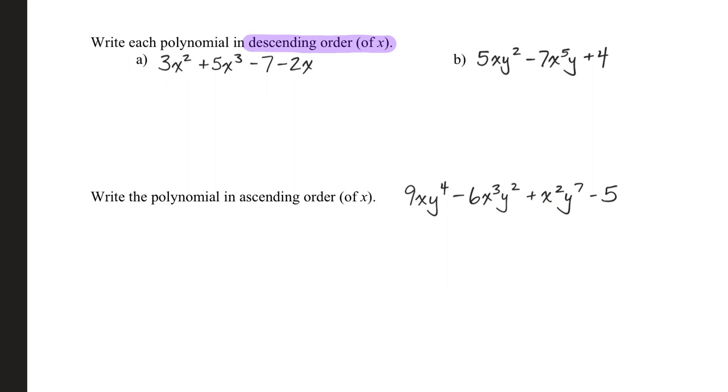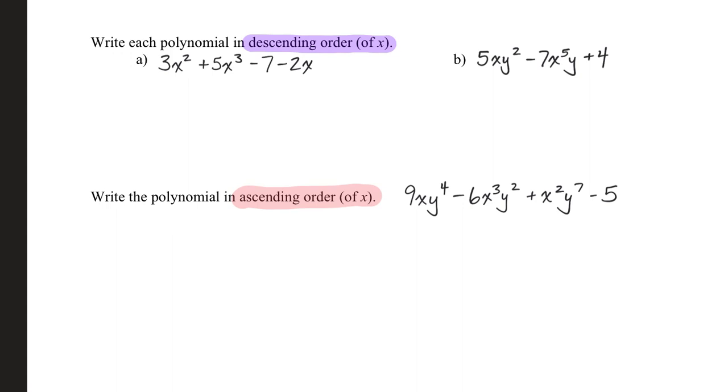You then look at the next question in about the middle of the screen, and that one tells us to write it in ascending order of x. So what that means then is there must be a difference between descending order and ascending order. And I am hoping that even just hearing the word descending makes us think about going down. You know, you descend the stairs.